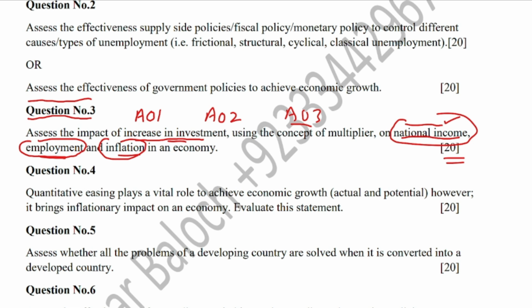To achieve these objectives, government uses multiple macroeconomic policies, and one of the policies may be increase in investment, private investment by local investors sometimes, or sometimes through multinational companies. This will grab the attention of the examiner, and then you can move to explaining the given statements in this question.